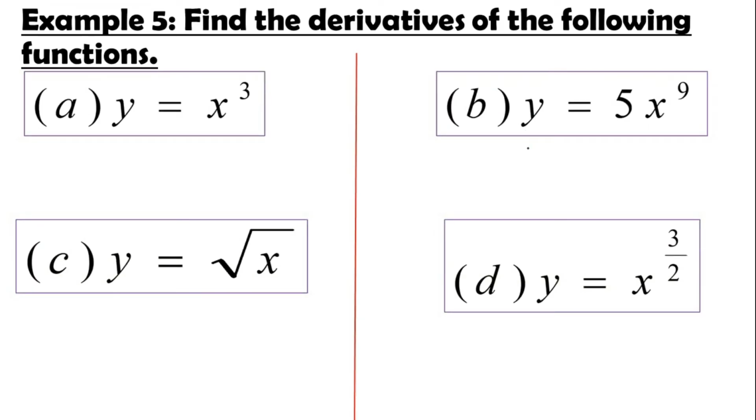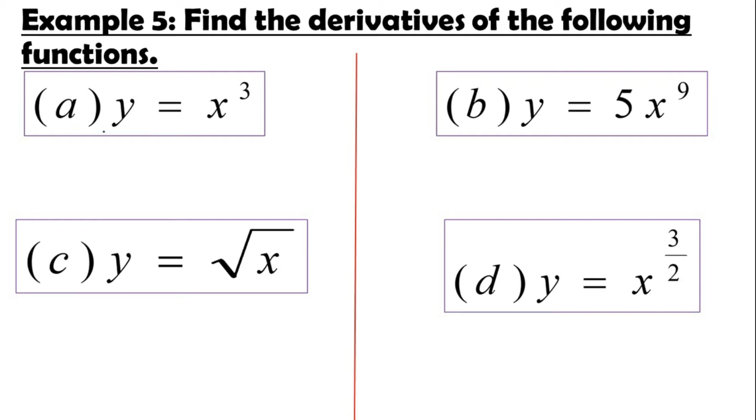So let's do some examples to check our understanding. So this is basically a recap session. That's why we use very simple functions. So for the first question, example 5, find the derivatives of the following functions. Part A, we have y equal to x cubed.